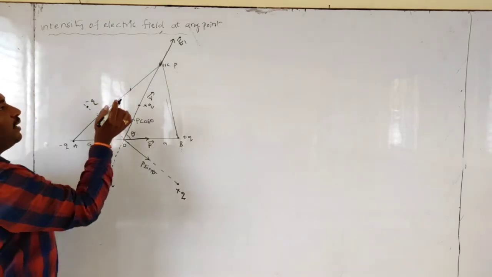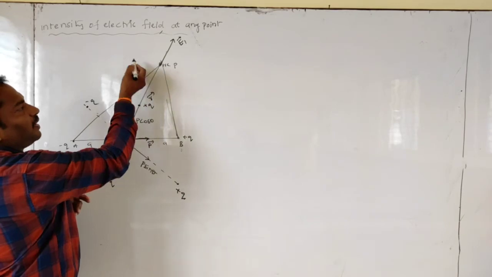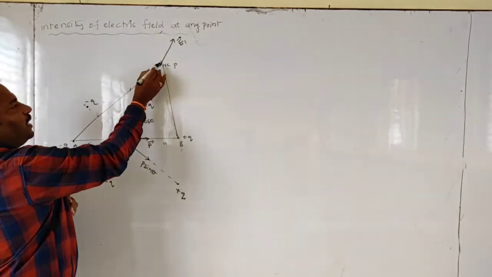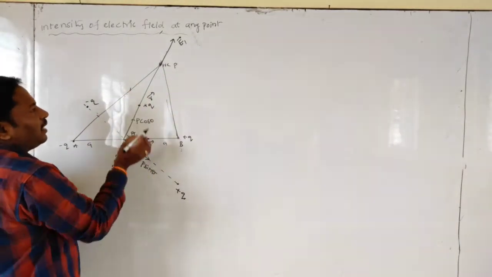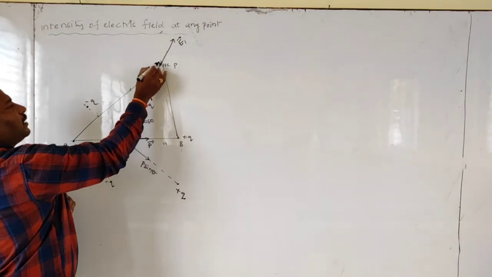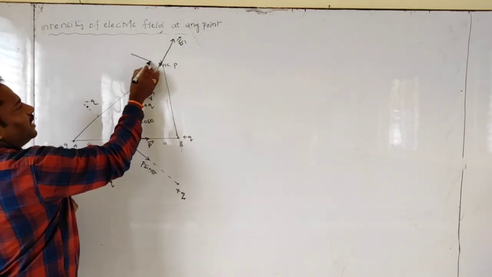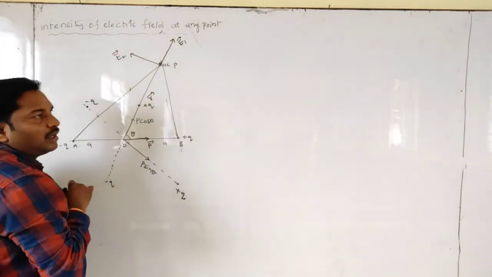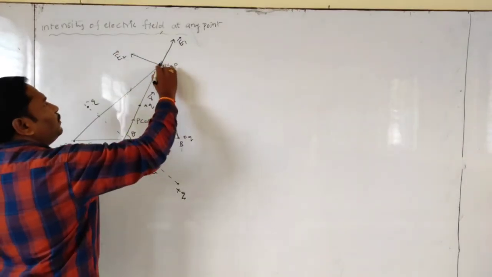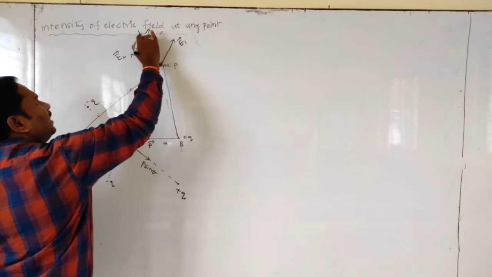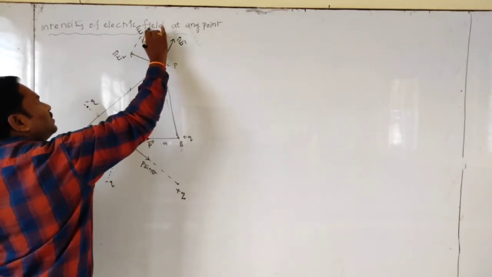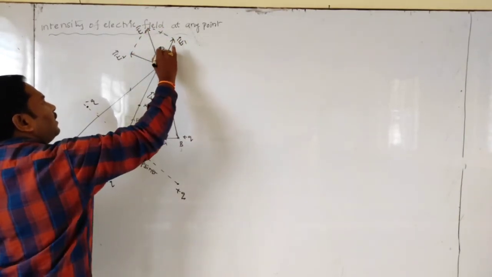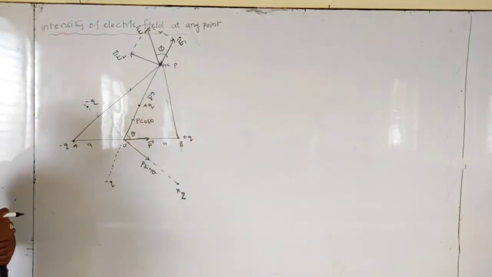Now what is the intensity of electric field? We have already seen it last time. The field is opposite to the dipole moment, in this direction, it's E2, and the resultant intensity of electric field is in this direction, making an angle, let's say phi.